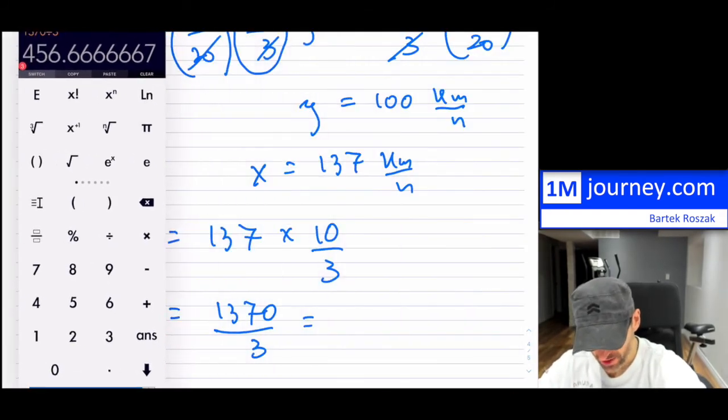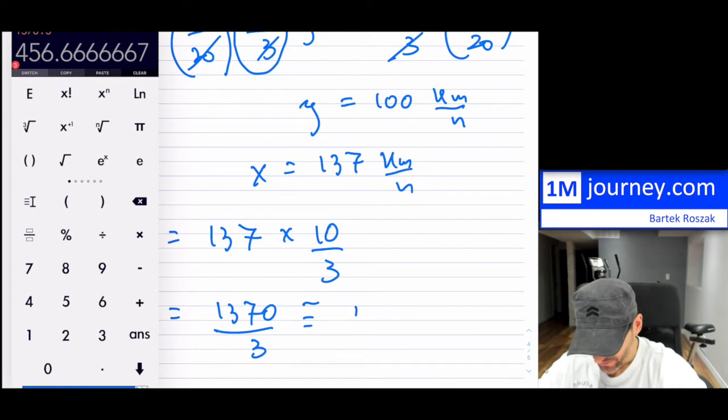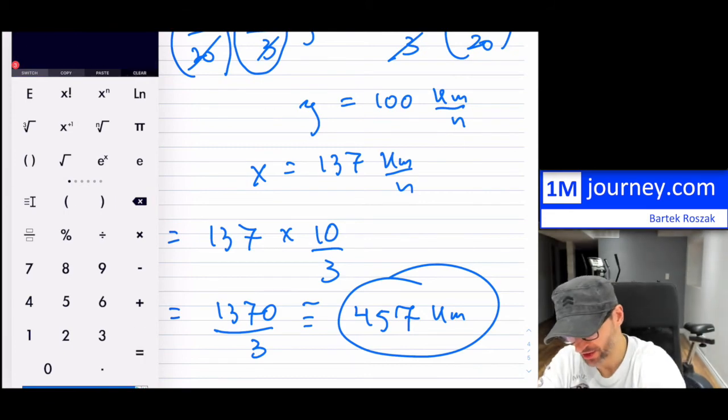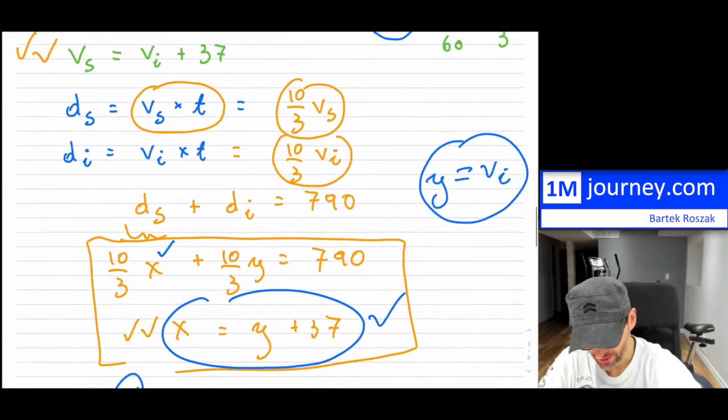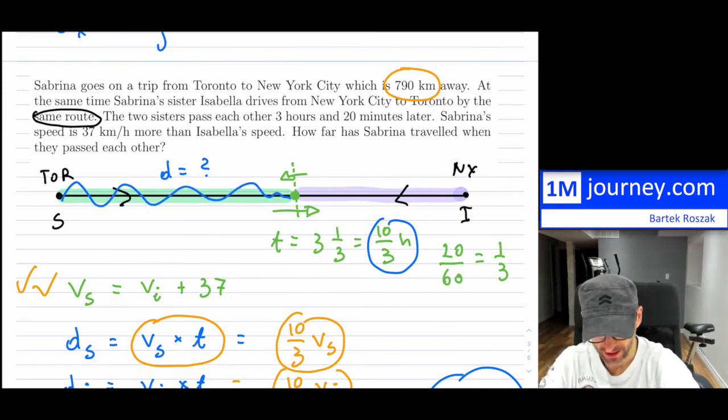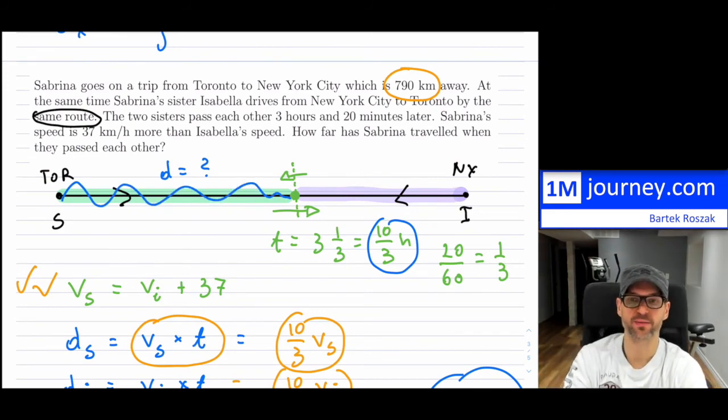So it's approximately 457 kilometers. That's the distance that she drove, so that's this distance right here. And that means Isabella covered the rest. Because Isabella is going slower, she's not going to cover as much distance.